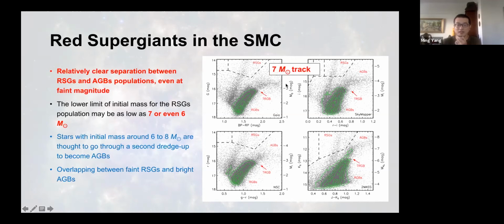One more thing is that the lower limit of the evolutionary track we use is 7 solar masses, indicated by these dashed lines. We also see some targets along the red supergiant population below the limit. That probably means the initial mass of red supergiant stars can be as low as 6 solar masses, or even lower. But we don't have a perfect model to identify them.